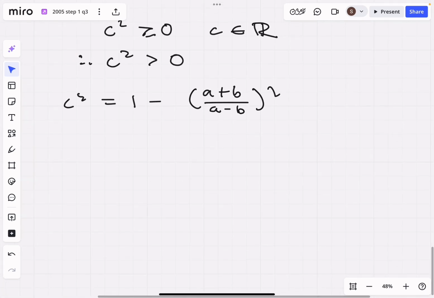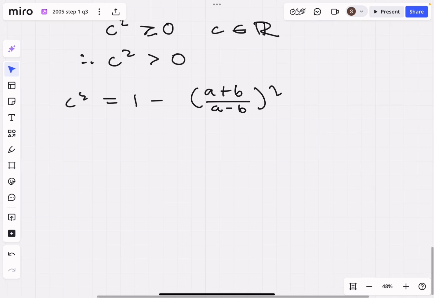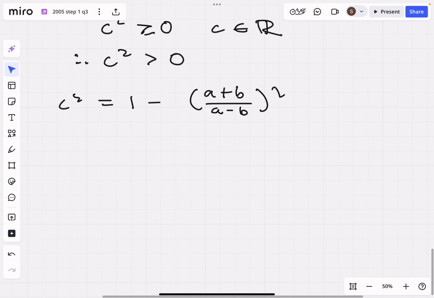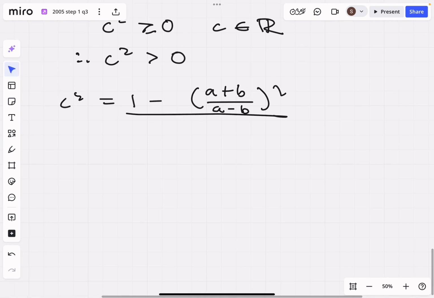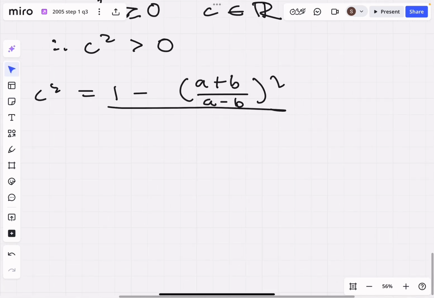It's positive, right? But we've proven that c squared is greater than 0. So it can only be greater than 0. So this c squared can't be negative. This can't take us into negatives. But also it can't be greater than 1 because, as this is always positive, 1 minus that is always less than 1.